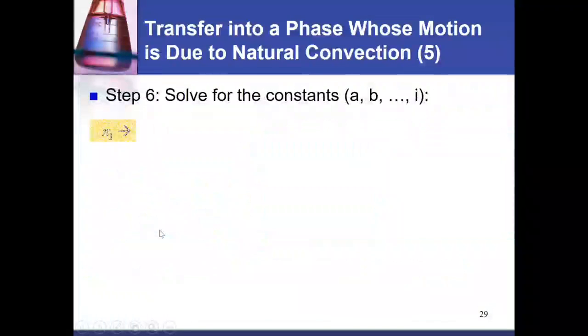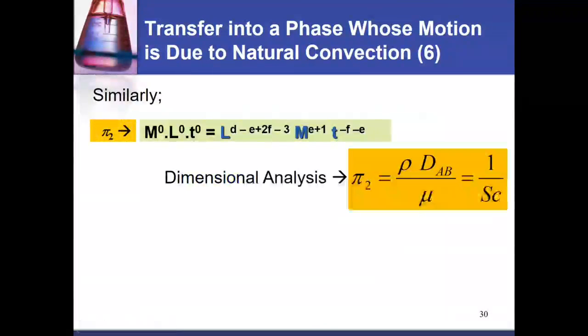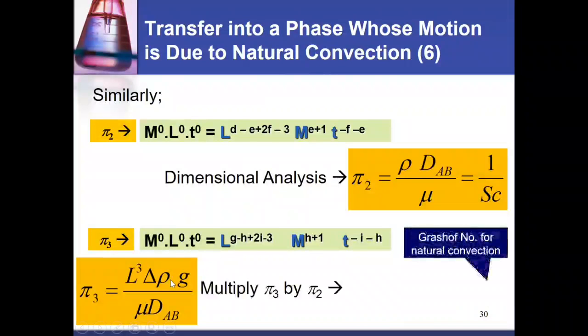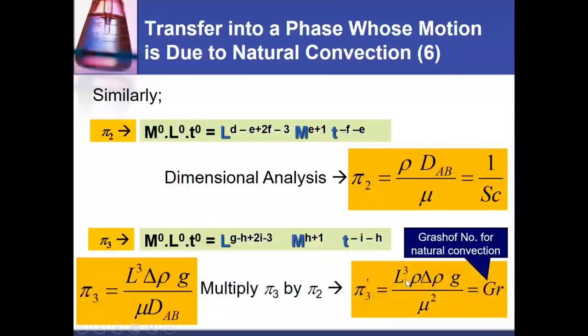We will get this number: L cubed times delta rho g over mu DAB. This is also a dimensionless number, but it is not a known or common number. So we have to divide pi 3 by pi 2, as we did with forced convection, and get this number: L cubed times rho delta rho g over mu squared.